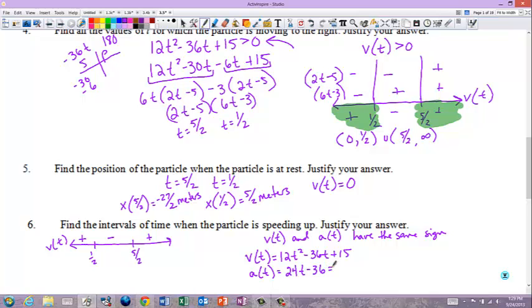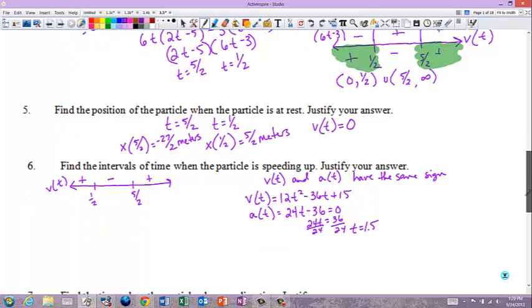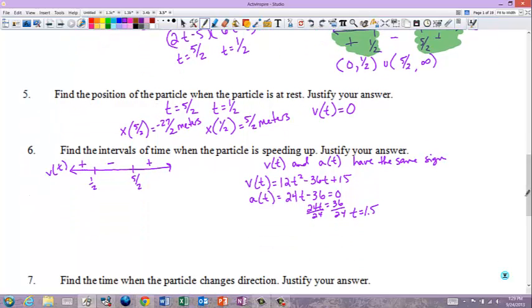I would need to set that equal to 0. 24t equals 36, divide by 24, divide by 24, 36 divided by 24 is 1.5, so t is 1.5. So if we did a sine graph for acceleration, and 1.5 is actually 3 halves, so let's put it right here, and this is my acceleration sine graph.